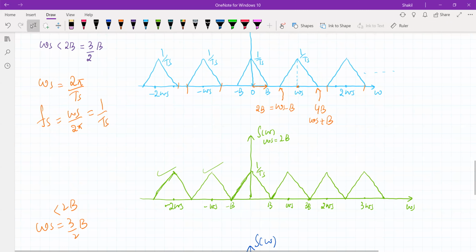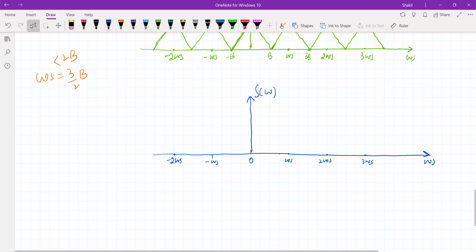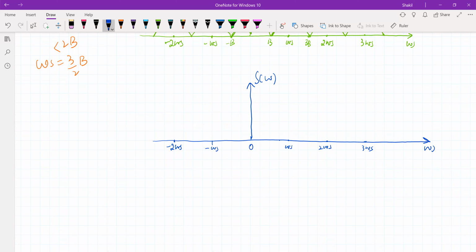So now you can plot the values for this. First let me draw it. It is simply the same spectrum, so it will be simply X of omega. You can check it. So we draw this, and this will go to this.